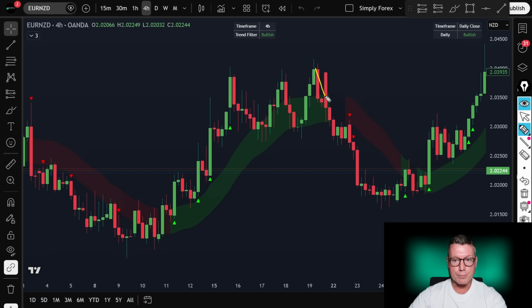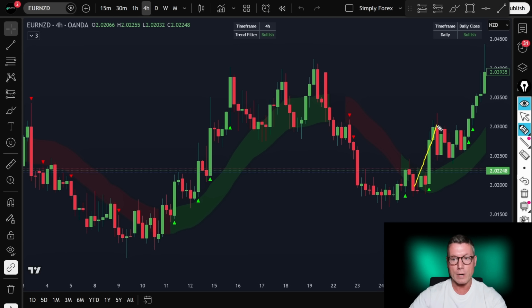Now, when price breaks down and it becomes a downtrend, again, our smart river will show you this, but we're not interested in sells because the higher time frame is bullish. So we still only want to buy the market. So the next setup we get is here. You can see the smart river again turns green, signifying an uptrend.